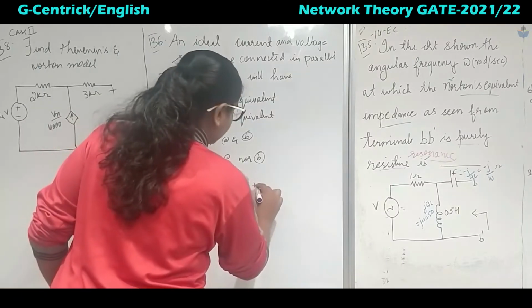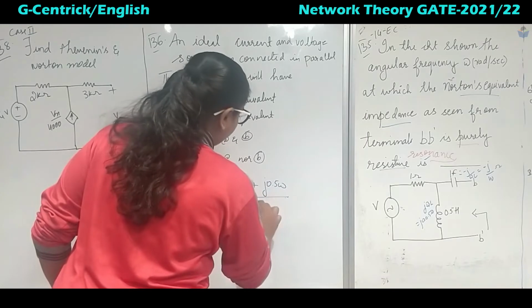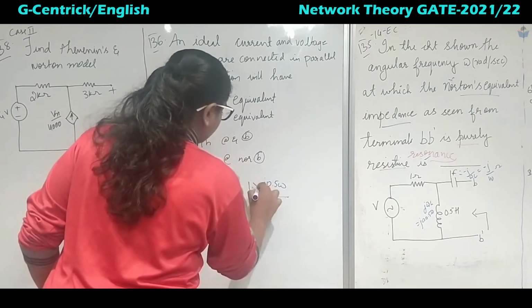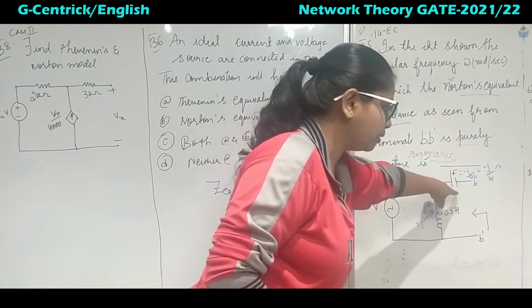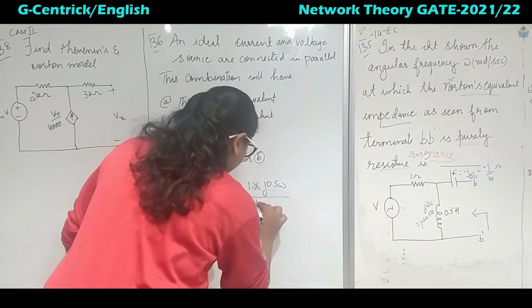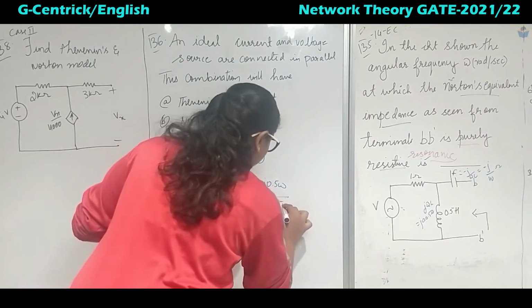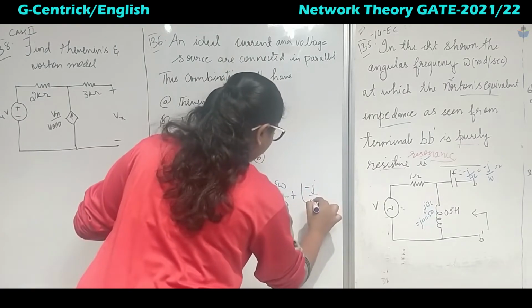So I can write this as 1 plus j 0.5 omega, divided by 1 plus 0.5 omega plus minus j by omega.